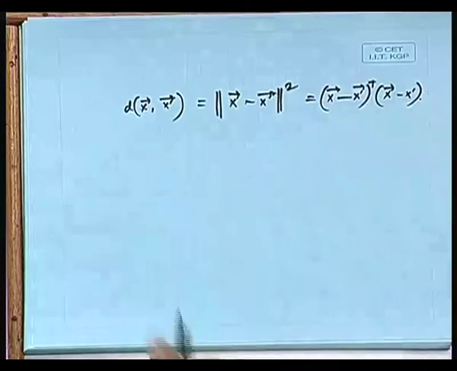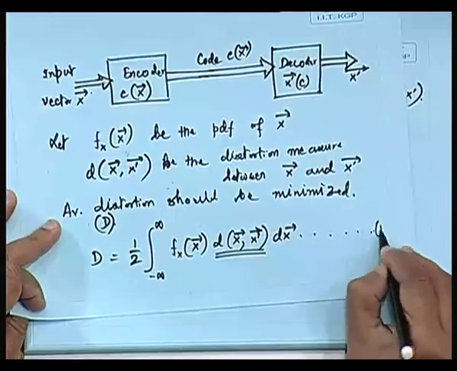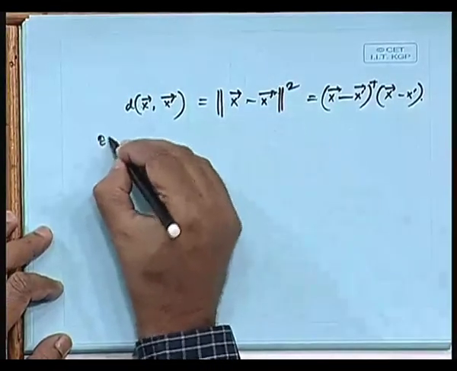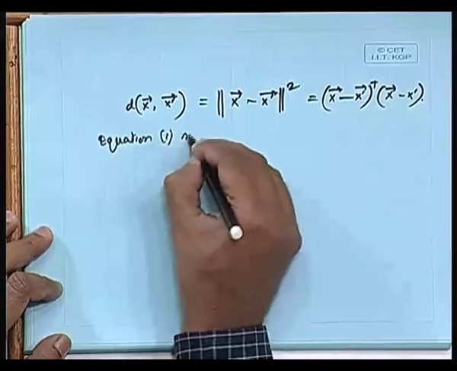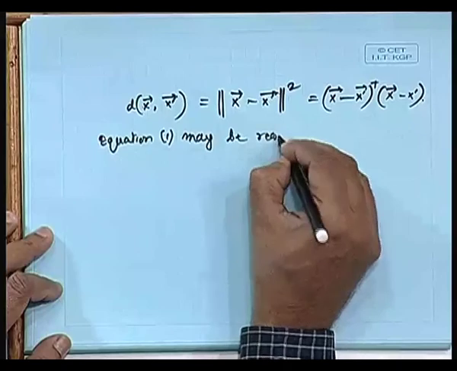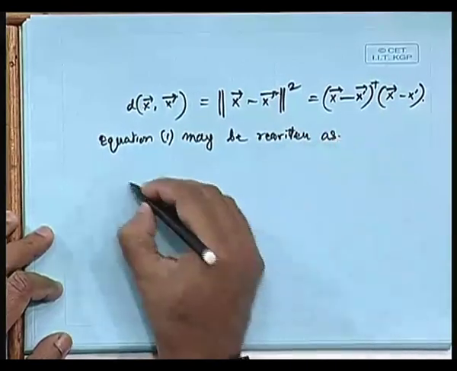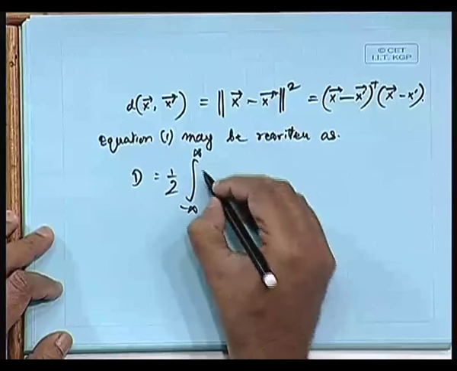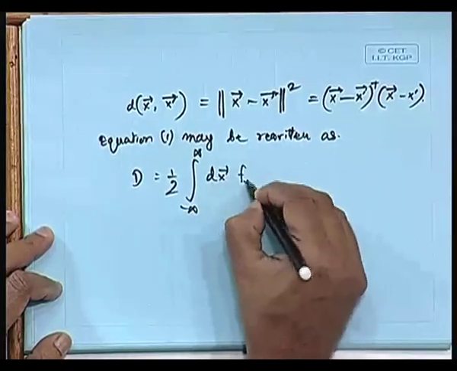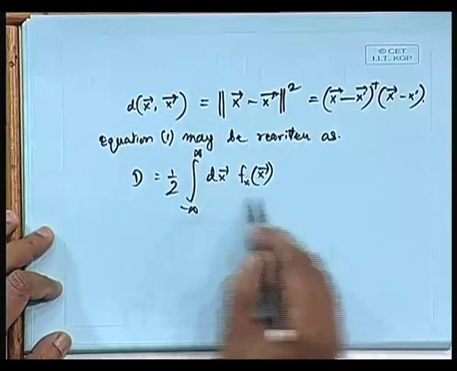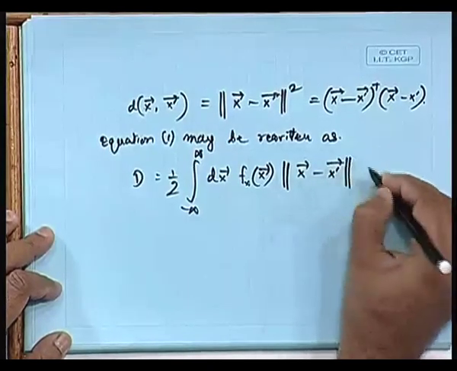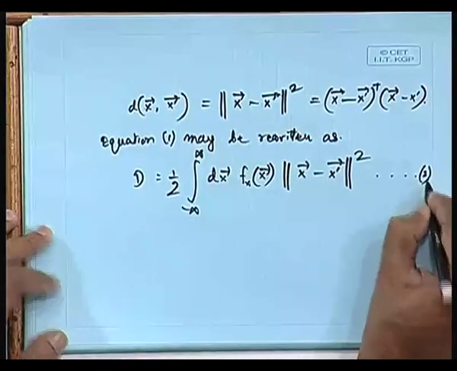Now, if we put our Euclidean distance definition into the integral of equation 1, the equation may be rewritten as D equal to half of the integral from minus infinity to plus infinity of dx vector f_x(x) times the norm of (x minus x prime) whole squared. So, this is our equation number 2.